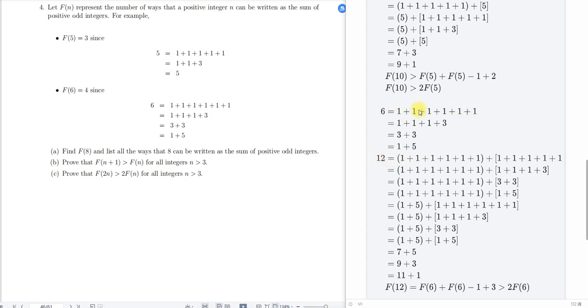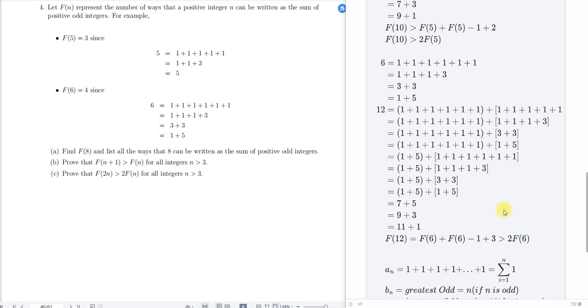We use the first way, all ones, plus all the ways in f(6), and we use the last way, the biggest odd number, and we see there's only one overlap here.